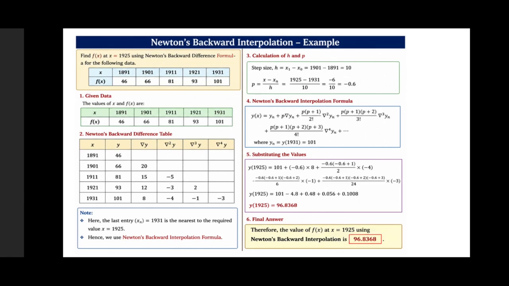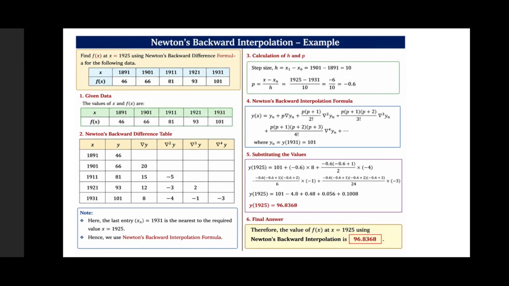Next, let us calculate the common interval h. The difference between two consecutive x values, x2 minus x1, is 10. Similarly, x3 minus x2 is also 10. Since all the intervals are equal, the common interval h is equal to 10.